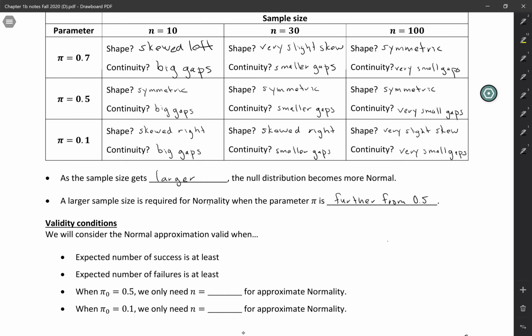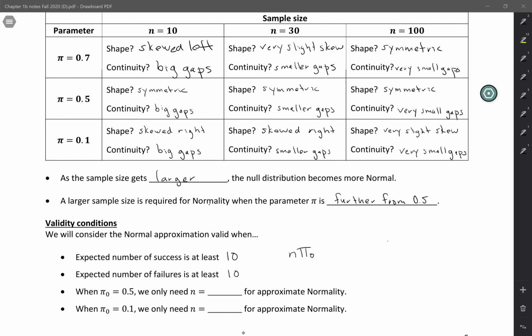So the guideline that our book gives is that the normal approximation is going to be considered valid when the expected number of successes is at least 10 and the expected number of failures is at least 10. If you think of how we calculate it, that takes into account both sample size and parameter. For the expected number of successes, you take the sample size and multiply it by whatever the parameter value is in your null hypothesis.